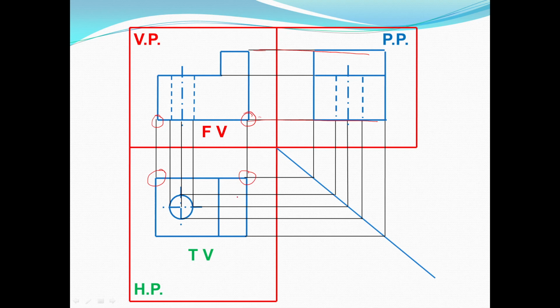The width of the top view matches with the width of the side view. So the top view is a rectangle of width by length, and here a rectangle of length by height. Automatically, after projection over the 45-degree line, we get this part as the width and this one as the height.